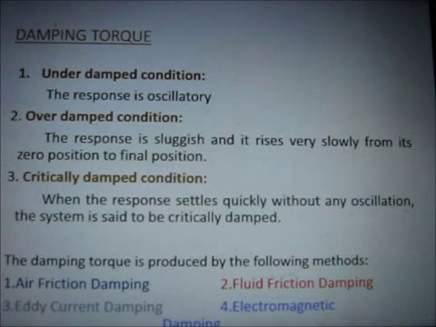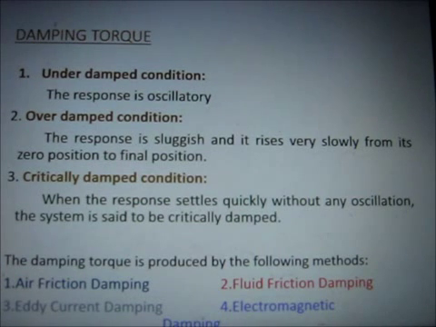In the overdamped condition, the response is sluggish; it rises very slowly from its zero position to the final position. When the response settles quickly without any oscillation, the system is said to be critically damped.